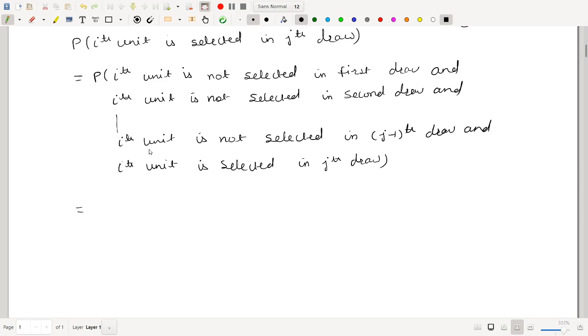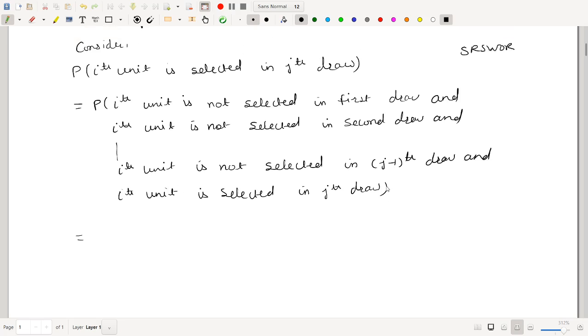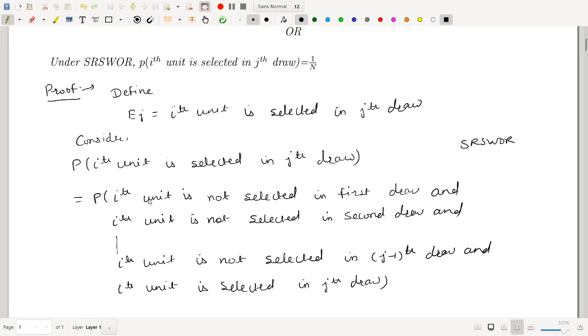We defined Ej as ith unit is selected in jth draw. So actually Ej bar means ith unit is not selected in jth draw. So we can write ith unit is not selected in first draw as E1 bar.